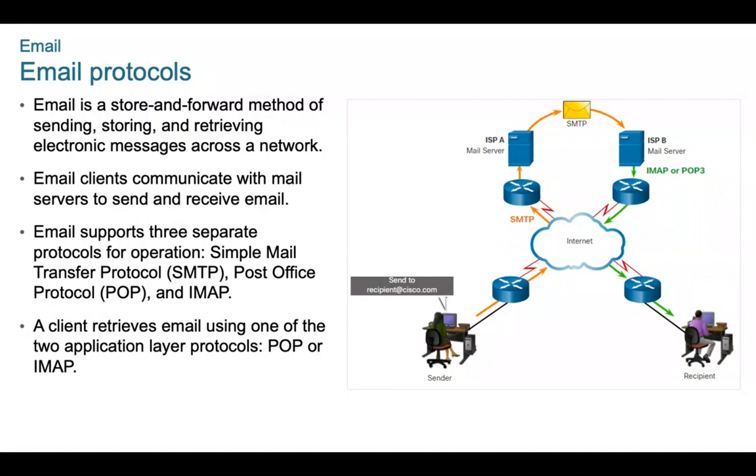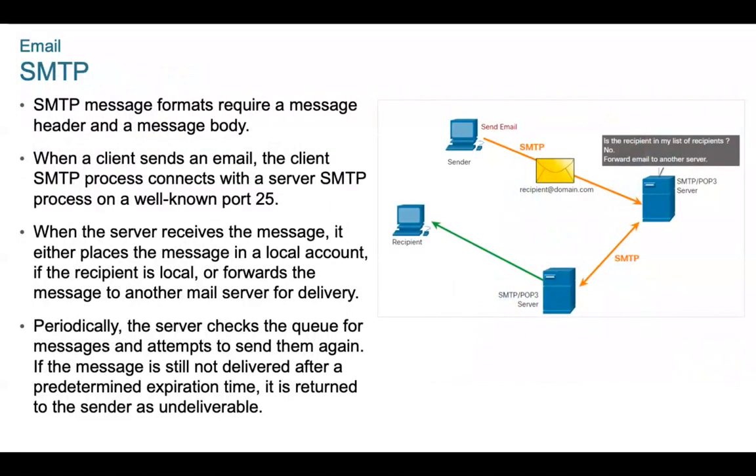So let us talk about the basic functionality and operation of SMTP. What happens on the SMTP sender side? This SMTP message format requires a message header and a message body. In any message, it will have the message header and the message body.